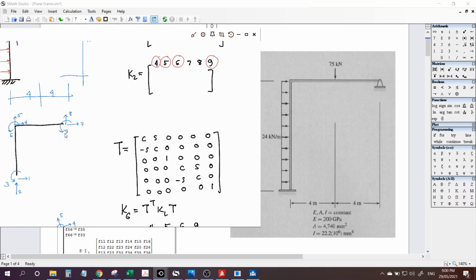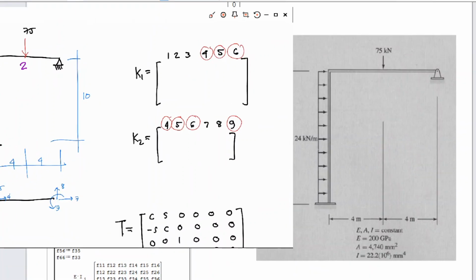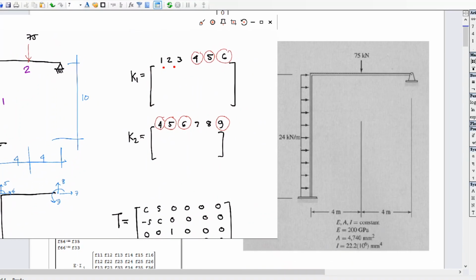That means K sub 1 will have 1, 2, 3, 4, 5, 6, as the code for the DOF, degree of freedom. And member 2 will have 4, 5, 6, 7, 8, 9.